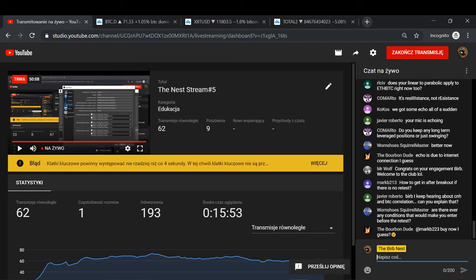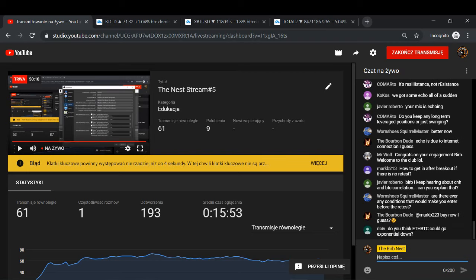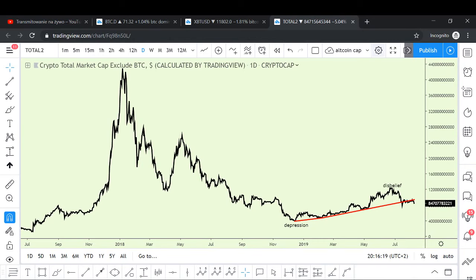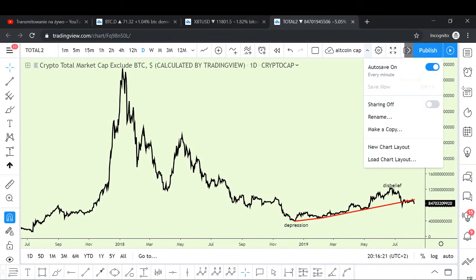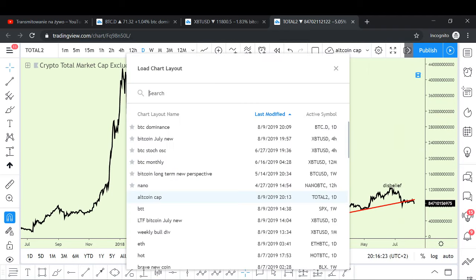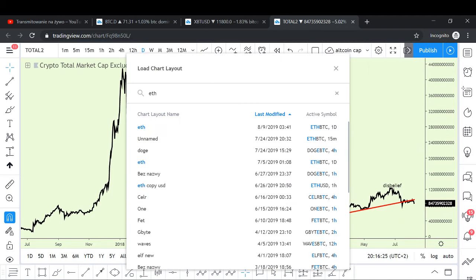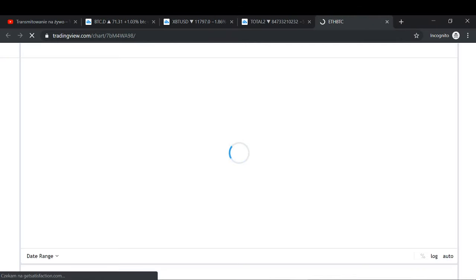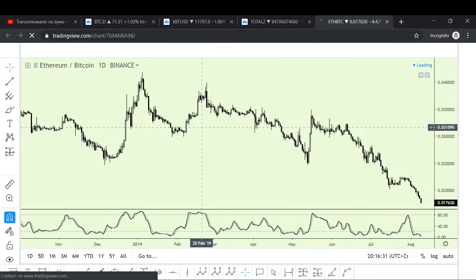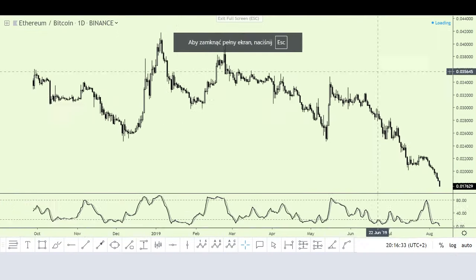But yeah, I mean, it could go exponential down. I mean, it's been going exponential down for a long time already, bro. I mean, we can load it, but there's not much to check in, to be honest. It's been downtrending, right?